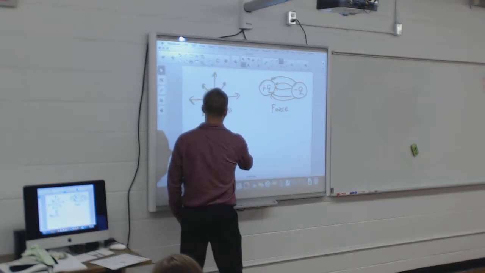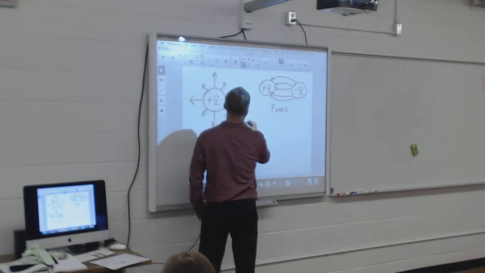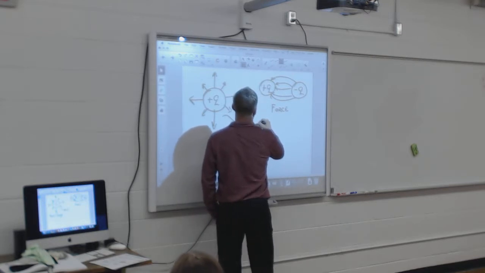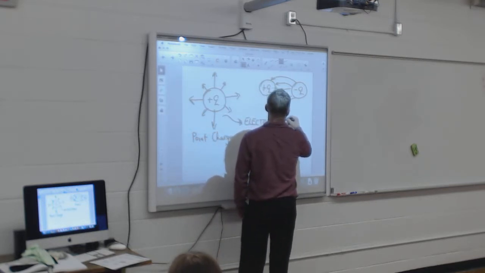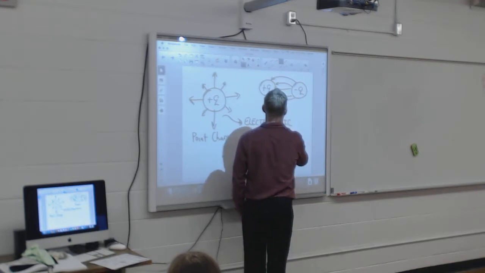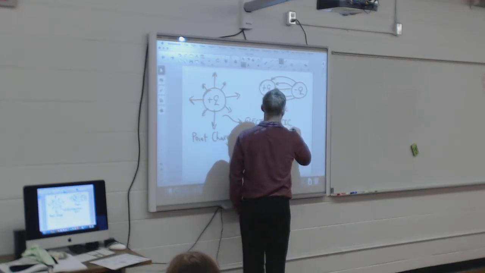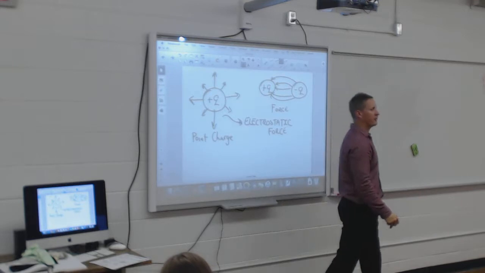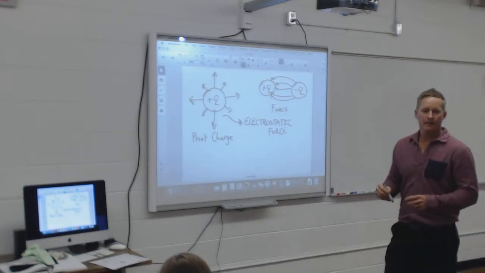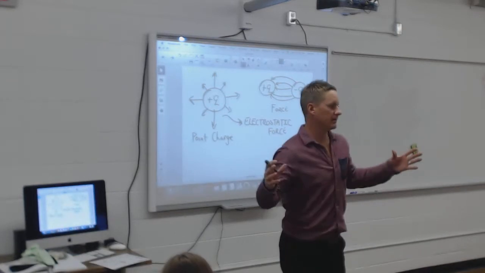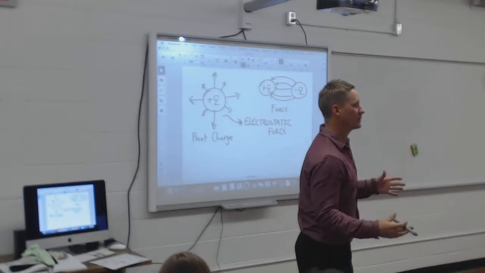And around this point charge, we have a region that produces electrostatic force. The magnitude of the force is greatest around the actual point charge. So the further you get away from it, the less force there is.